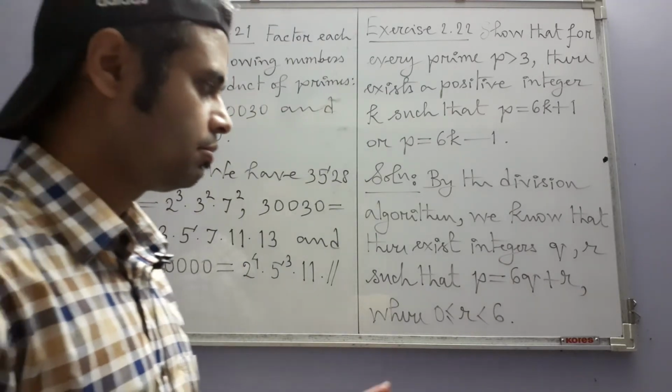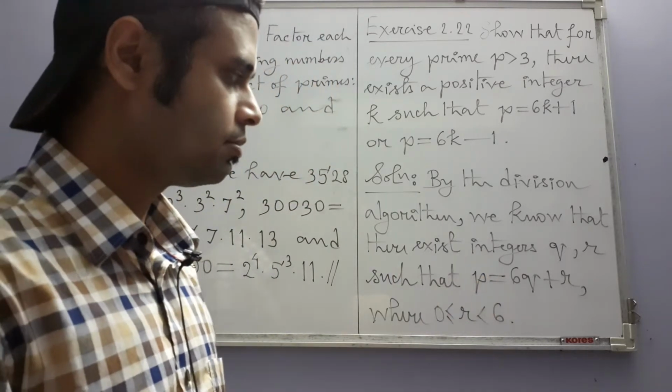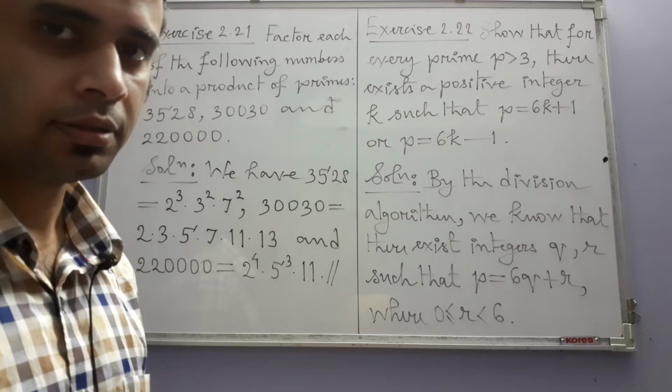That means we are dividing p by 6. So q is the quotient and r is the remainder.